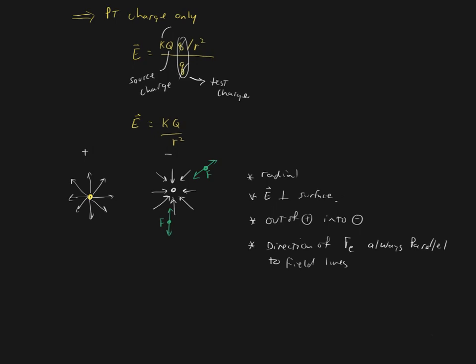But a charge placed in that electric field is going to feel a force which is parallel to those lines. However, be careful, because if the test charge is moving, its motion is not necessarily parallel to the field lines. And we're going to take a look at that in just a minute or two.